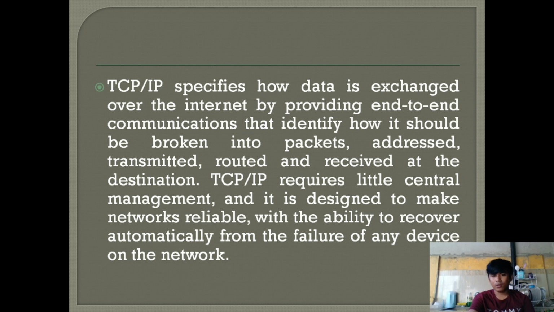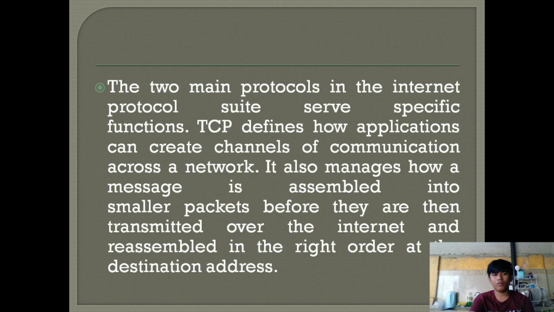TCP/IP requires little central management, and it's designed to make networks reliable, with the ability to recover automatically from the failure of any device on the network. The two main protocols in the internet protocol suite serve specific functions. TCP defines how applications can create channels of communication across a network.